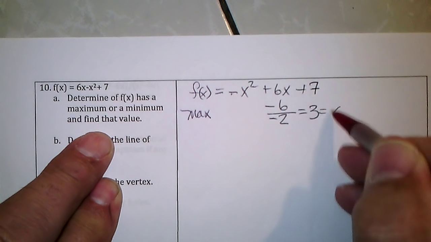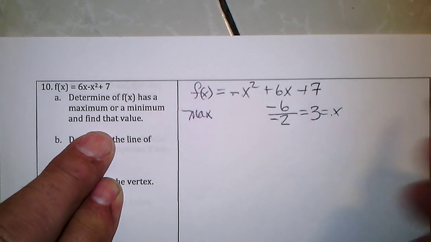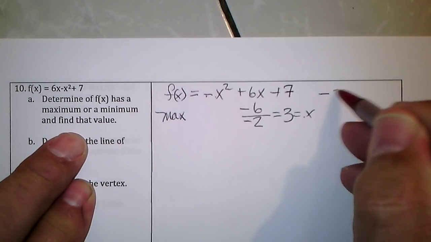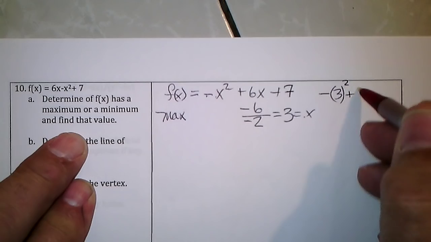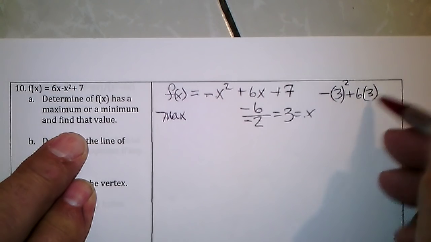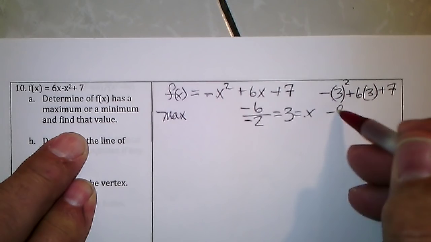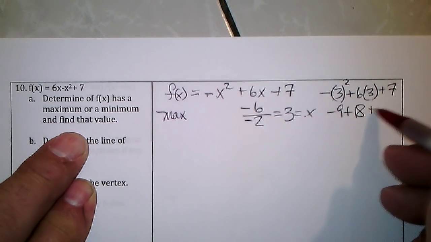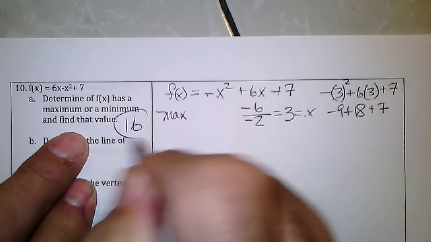Happens at x equals 3, but we have to find the maximum. So we put 3 in here, and we get minus 3 squared plus 6 times 3 plus 7. So that's negative 9 plus 18, which is 9, plus 7, 16 is the maximum value.